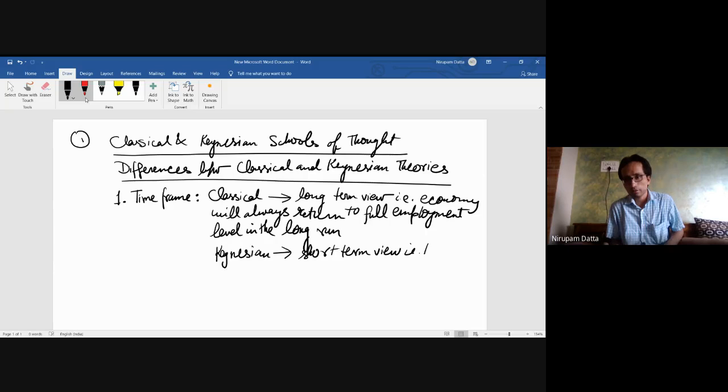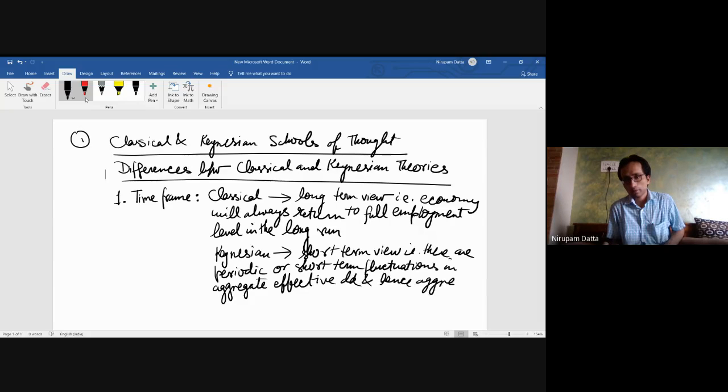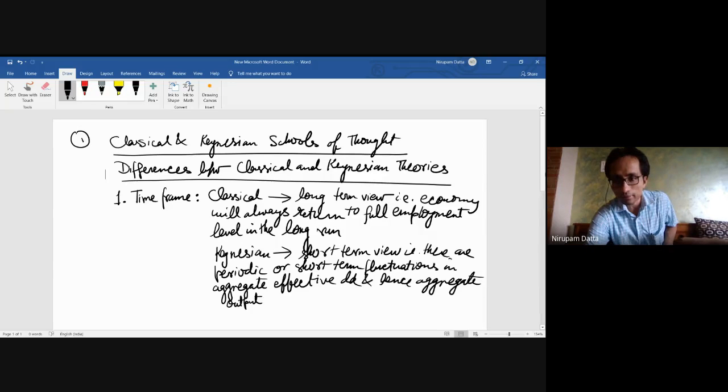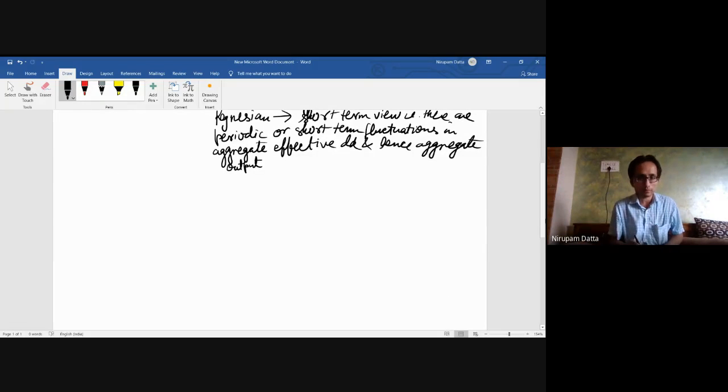That is, there are periodic or short-term fluctuations in aggregate effective demand and hence aggregate output. Okay. So this was the first difference between the classical and the Keynesian theory, that is the time frame.